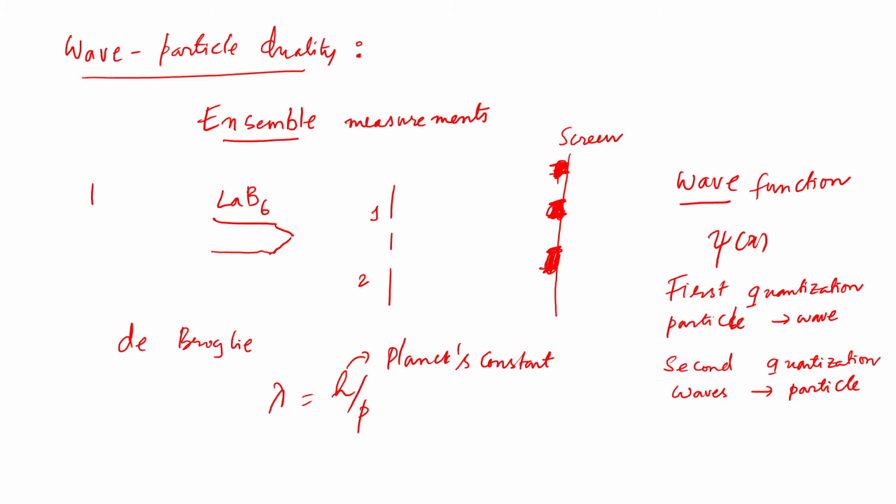And in case of light, you will have to bear in mind the relativistic equations whenever you are talking about light, because you have a speed of c for any photon, so you have to bear that in mind. So that's what wave particle duality is about. Lambda is equal to h over p. And bear in mind that all the measurements, whenever we talk about wave-like behavior, we are talking about ensemble measurements. Right?